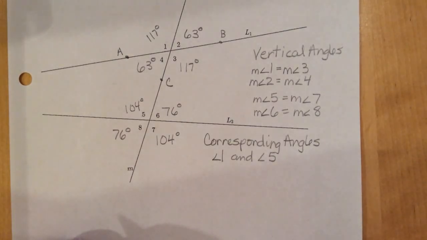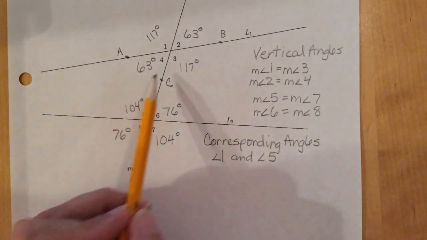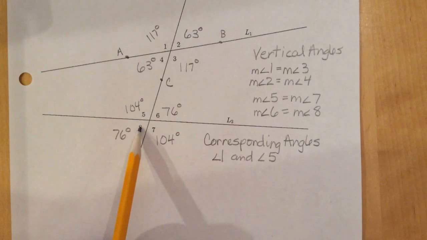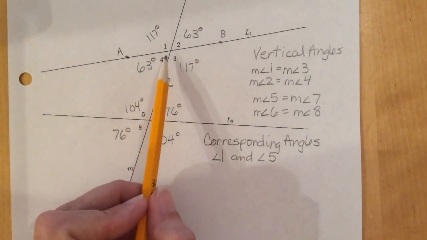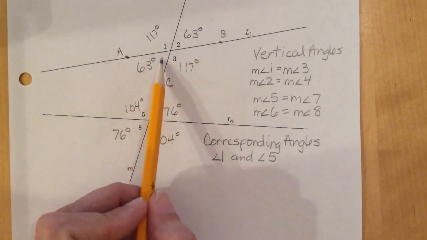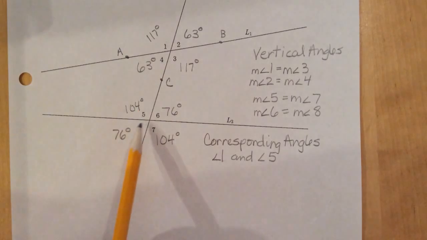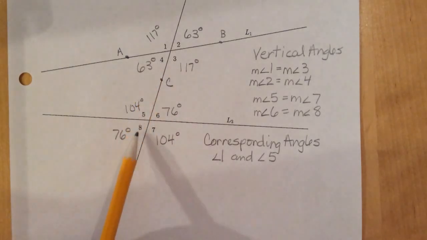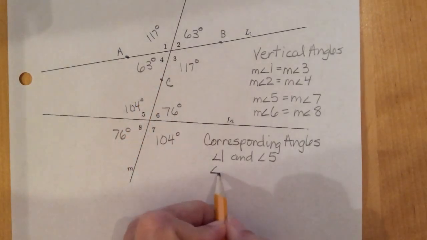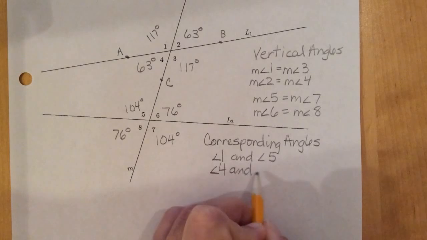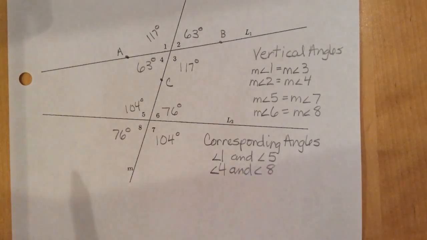Some other corresponding angles would be angle 4 and angle 8 for the same reason. They're both right below the line that forms the angle and on the same side of the transversal. So angle 4 and angle 8 are also corresponding angles. See if you can find a couple more pairs of corresponding angles, and pause it if you want to.